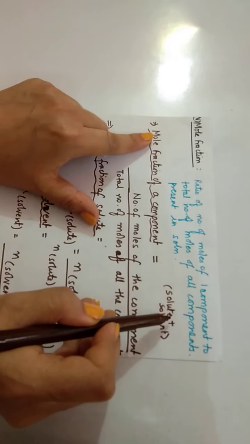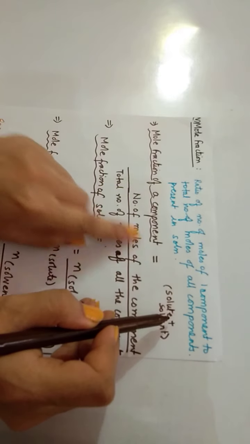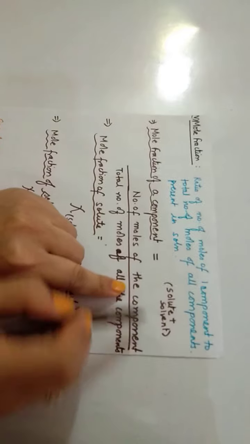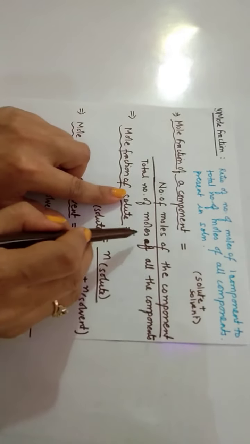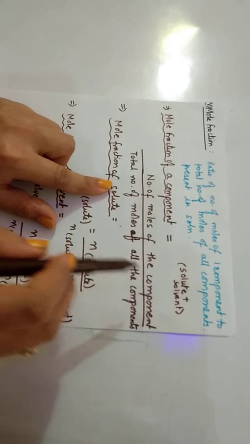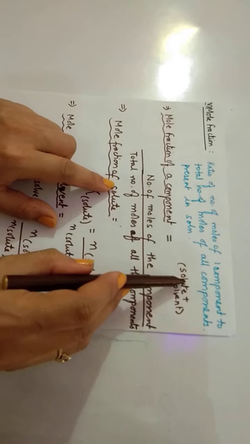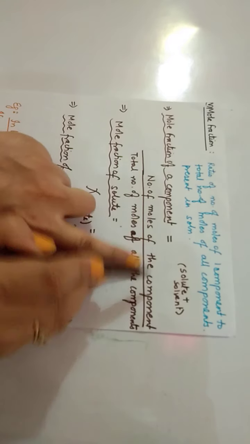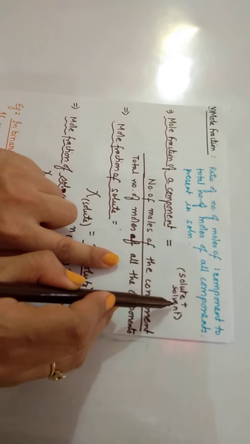So if you want to find out the mole fraction of solute, then mole fraction of solute is equal to the number of moles of solute divided by the total number of moles of all the components. Here all the components are solute and solvent, so it will be the number of moles of solute upon number of moles of solute plus number of moles of solvent.